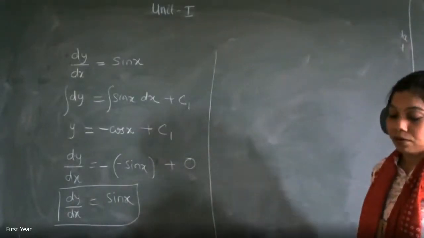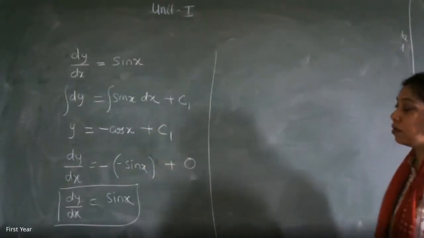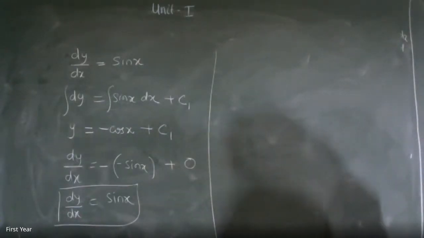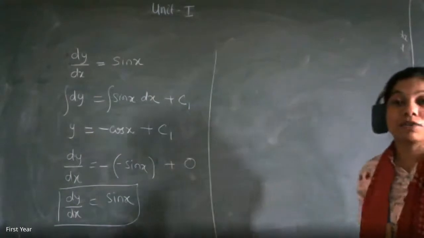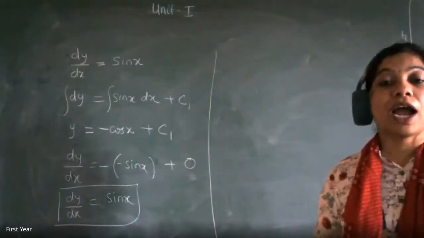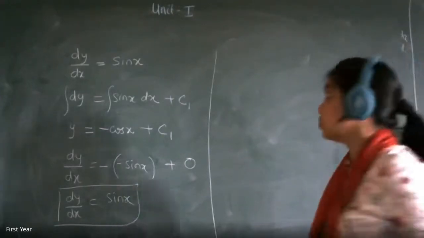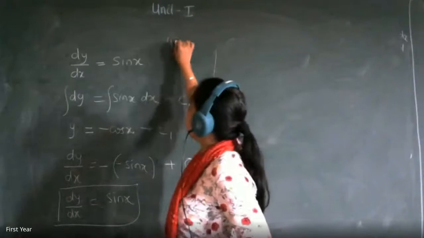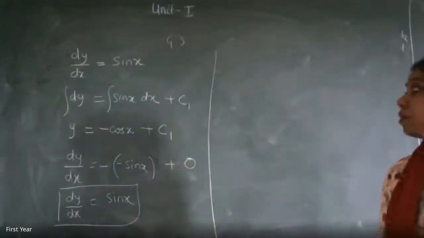Step 1: given a general solution to form a differential equation, identify the number of arbitrary constants in G.S. General solution, henceforward you can write G.S. Is it understood by everyone?